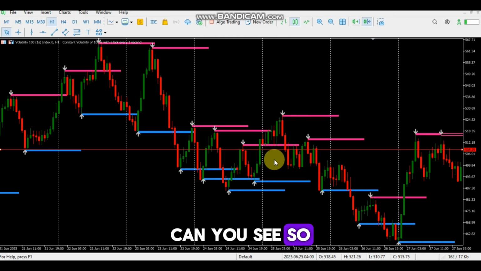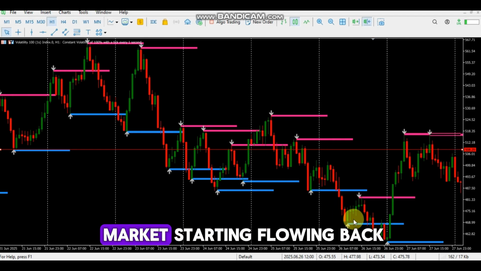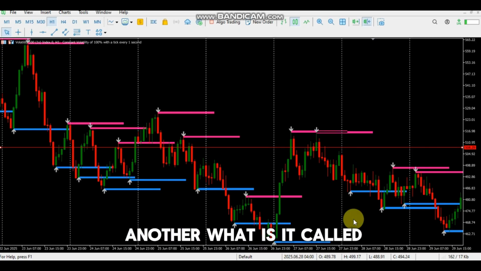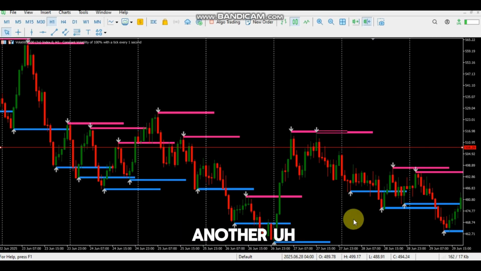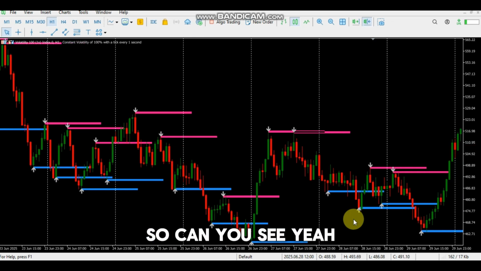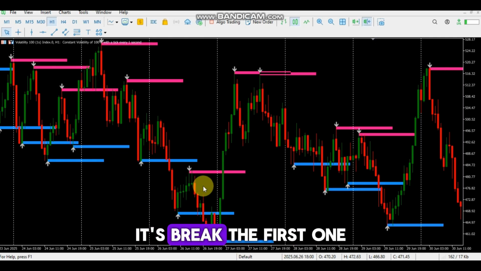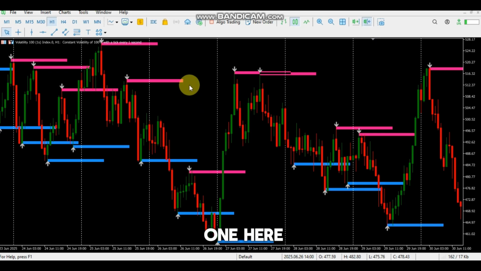Can you see the market starting to flow back? We are looking for another sell now. We are looking for buy. So now we have opportunities to break the first one, and once it breaks the first one, we have the second one here.